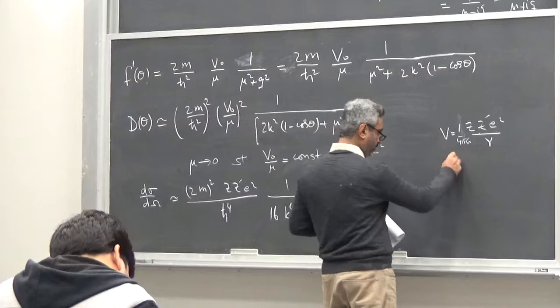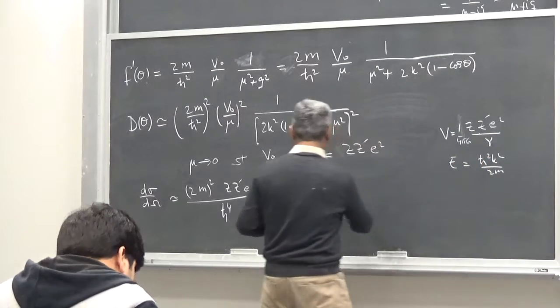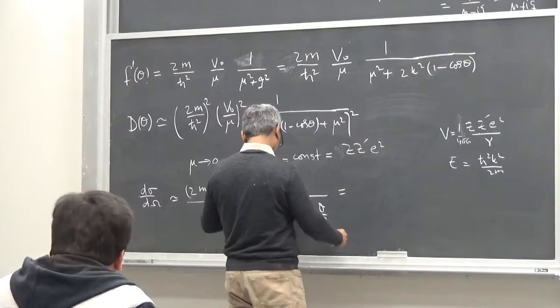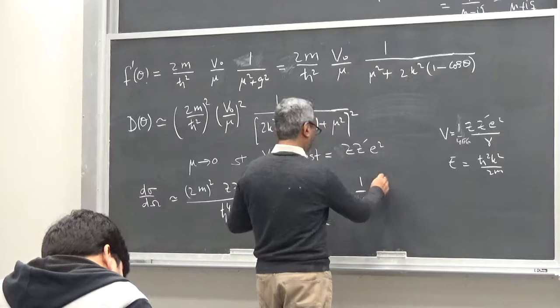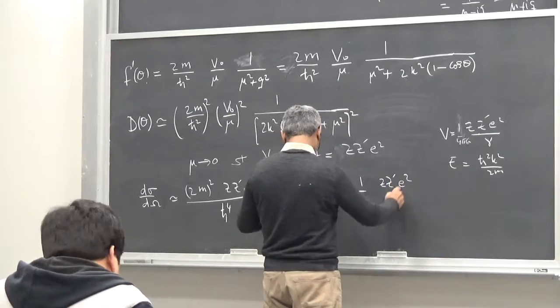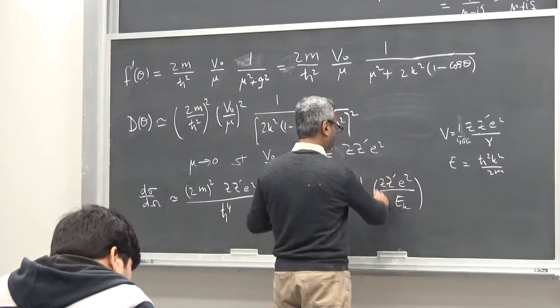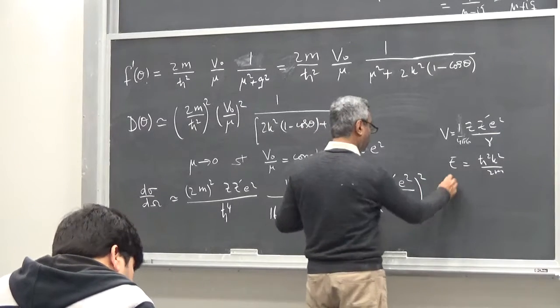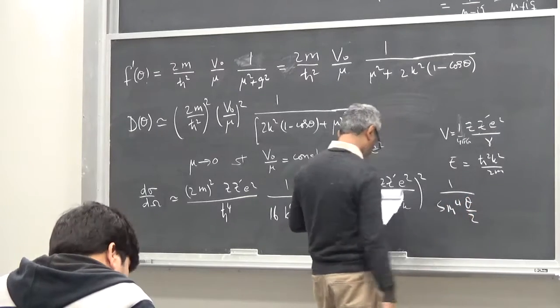Energy is h cut squared k squared over 2m. And so this thing is 1 over 16 times z z prime e squared over E, squared, times 1 over sine to the 4 theta over 2.